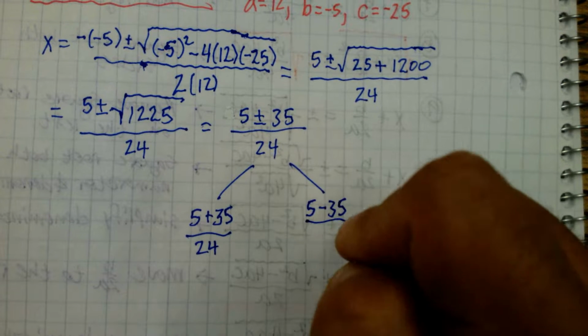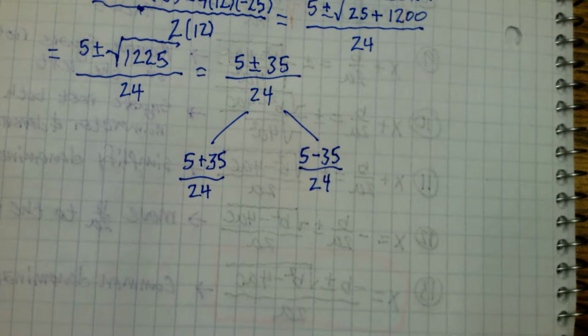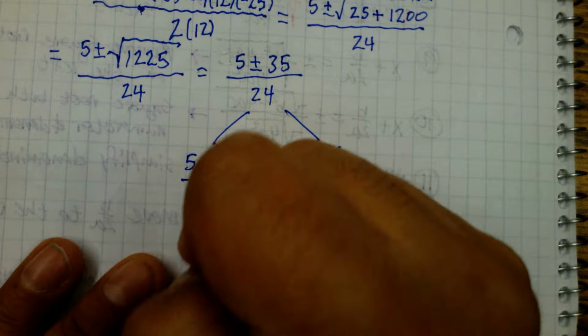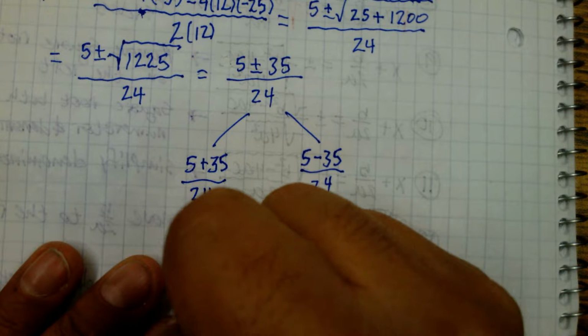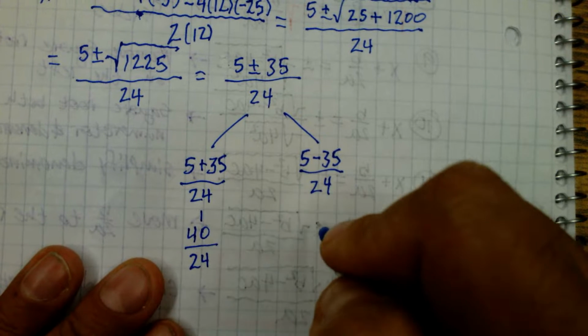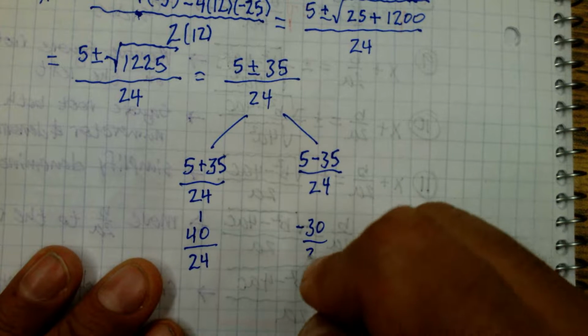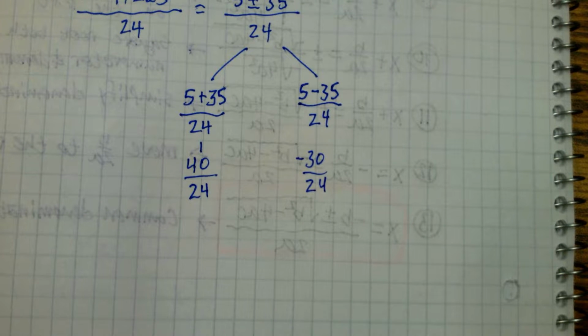So then we just simplify them into whole numbers or just keep it as fractions. Yeah, these are going to be fractions, right? Because we're going to get 40 24ths or negative 30 24ths. But we better simplify them to lowest terms.